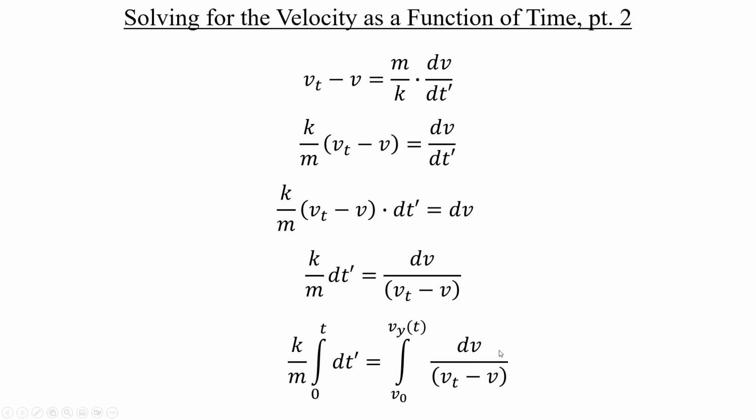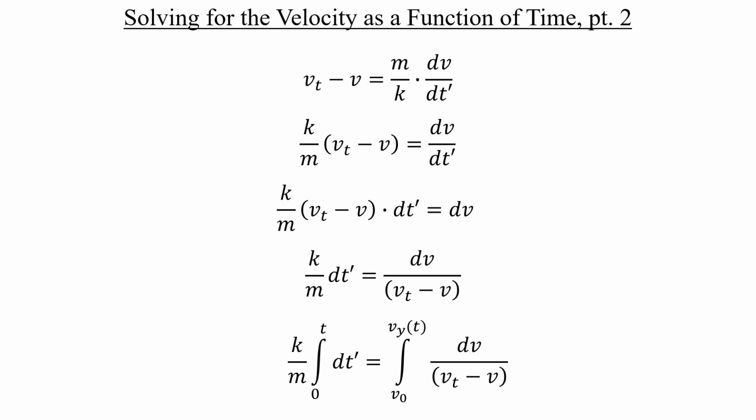On the right, we're integrating 1 divided by the difference of the terminal velocity and v, from the initial downward velocity of v sub 0, or v naught, however you want to say that, to the upper limit, which is the expression that we want to eventually solve for, v sub y, as a function of time.